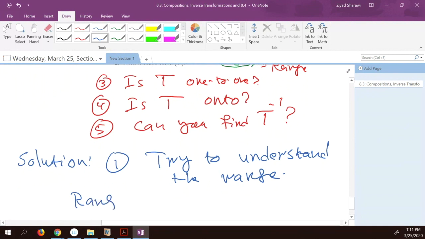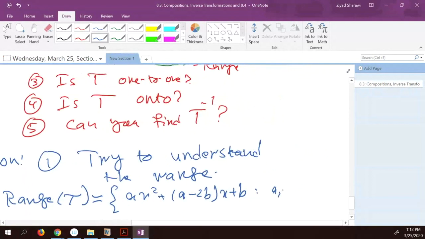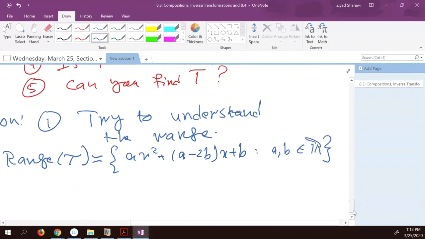Range T is all polynomials that are taking this form, ax squared plus a minus 2b x plus b, such that a, b belong to R. That is the range, correct? Am I correct, Nora, Ola, Raya? That is the range.